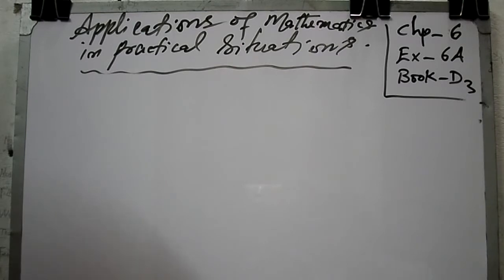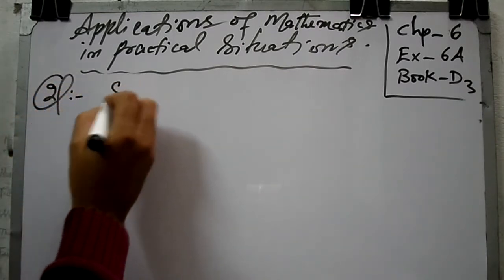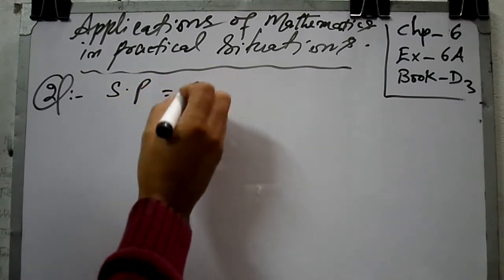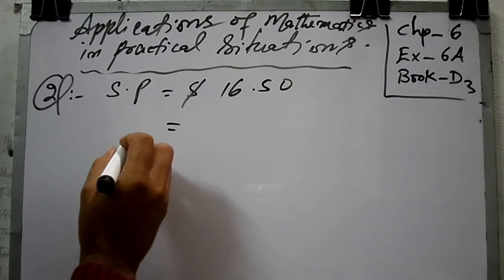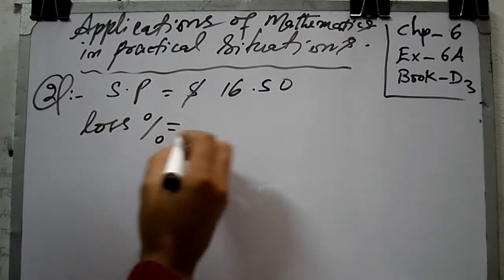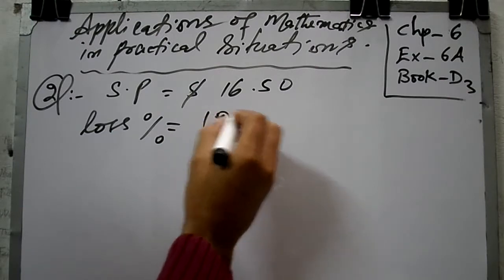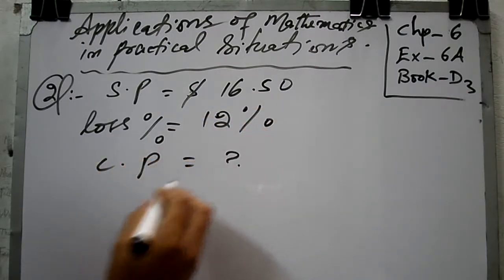Once again, by the same methodology, you have to write the data: 16.50 is your sale price, loss percentage is 12%. Cost price we have to find.